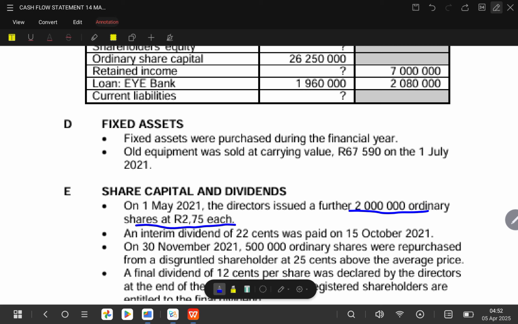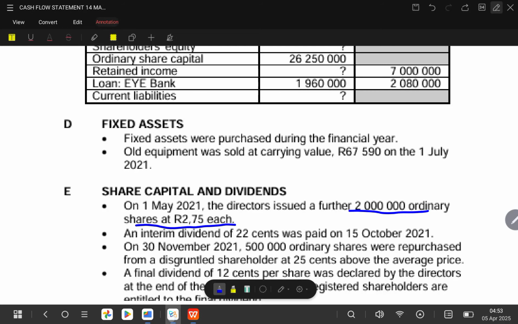What you need to remember is that once you issue shares, you receive cash. This affects both your ordinary share capital and your cash flow statement, but we'll come to that part. Because they issued some shares, we need to record this.